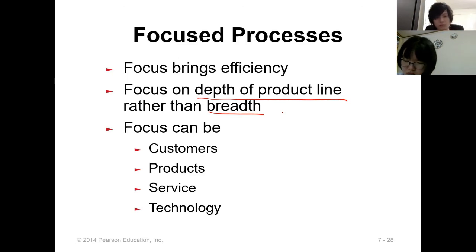So focus can be based on customers. It's very common in the garment industry, making branded shirts, Yves Saint Laurent, Gucci. It's customer based. Their factory is probably in China.